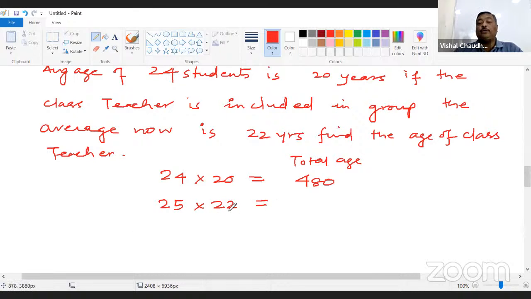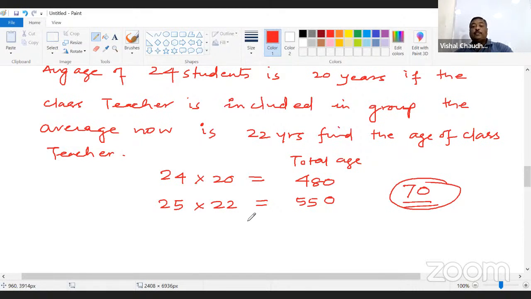So 25 into 22 is how much? 22 5s are 110, 22 twos are 44, and 11 is 550. So what is the age of teacher? 550 minus 480, and that is 70 years. Age of class teacher is 70 years. Is it clear, guys?